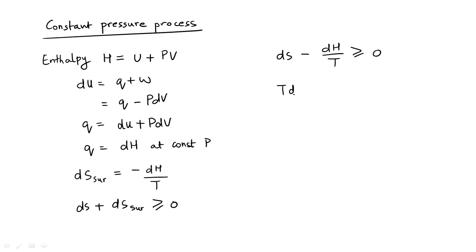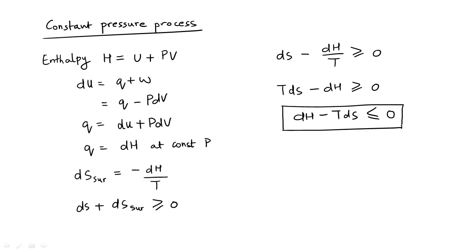So TdS minus dH is greater than or equal to 0, or dH minus TdS is less than or equal to 0. Again, you'll notice an analogy between this equation involving the change in enthalpy and the equation on the previous slide involving the change in internal energy.